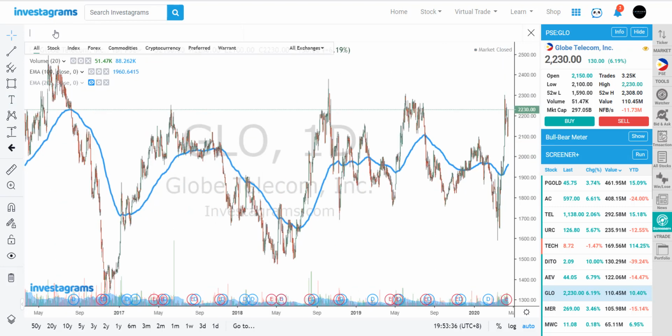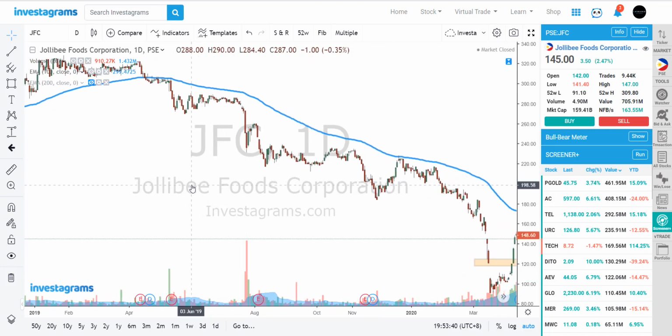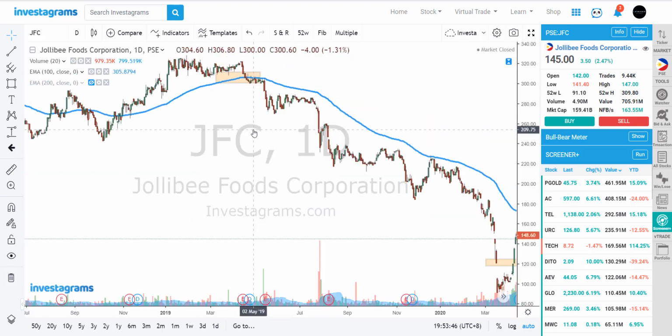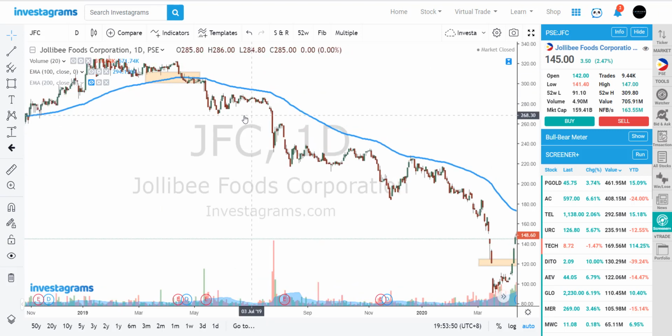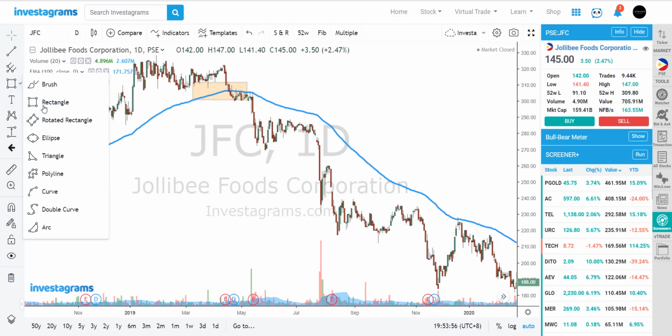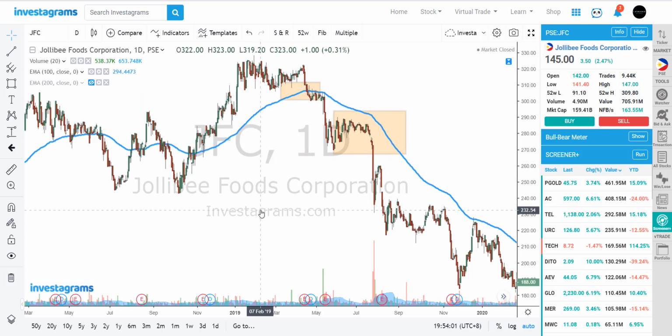But if the stock is trending, you can see here, as in the case of Jollibee, if you were a long-term investor, ever since Jollibee went below the 300 level, it acted as a strong resistance and it wasn't able to get back. So now, how are we going to utilize this in our trading? Let's use the Investa Screener.